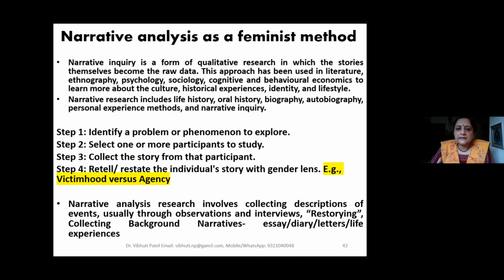So narrative analysis in research involves collecting descriptions of events, usually through observations and interviews, restorying the same story from your perspective, and collecting background narratives through essays if they have written.